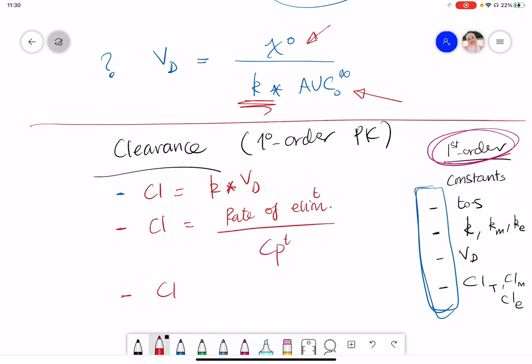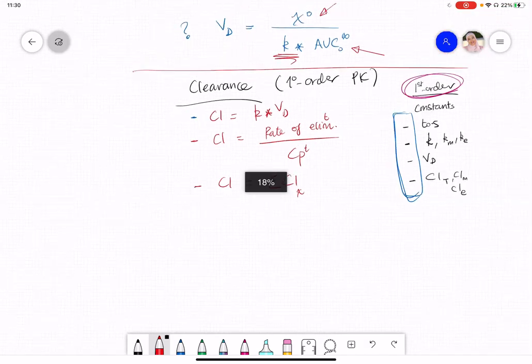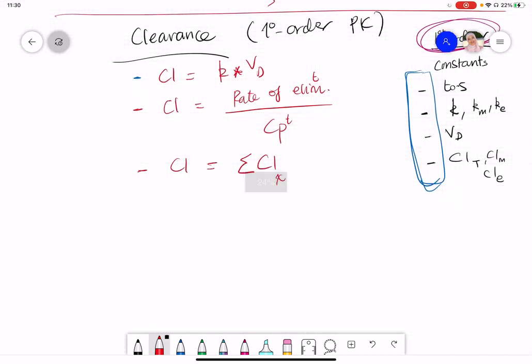We have the total clearance, which equals the sum of all the clearances, metabolic and excretory, and we have the total clearance equal to the amount over the total area under the curve. We will stop here at this point, and we will continue in our next class.